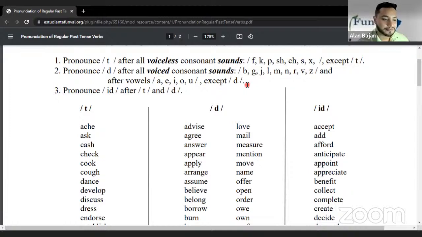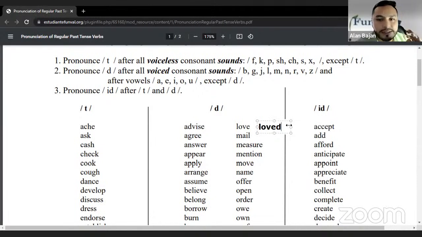For example, love. Pronounce it, love. What of these sounds do you think is the last sound of this verb? E. V. V as in Victor. So in past tense, what is the pronunciation? Loved.